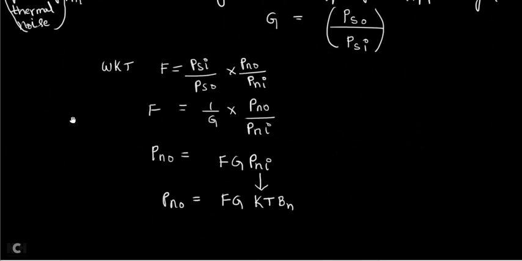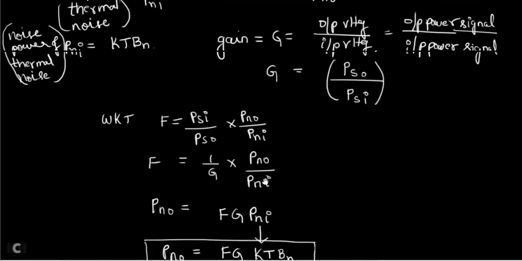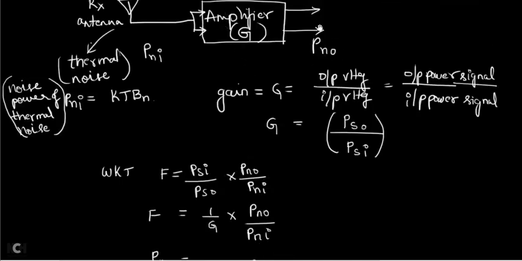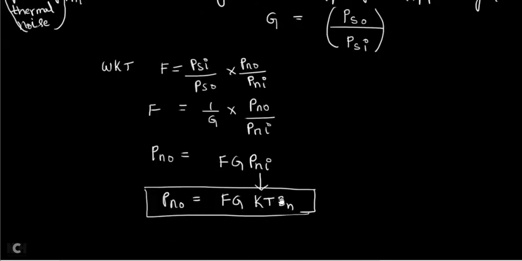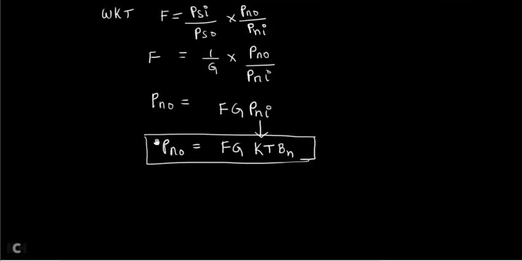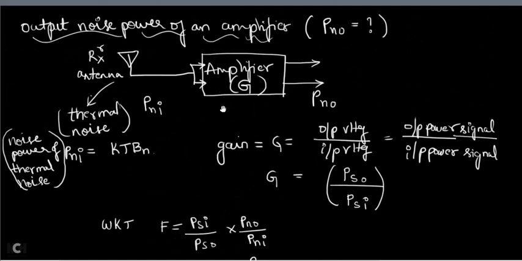This is the expression for the output noise power PNO of an amplifier. The output noise power will be equal to F into G into K into T into Bn. F means noise factor, G means gain of the amplifier, K means Boltzmann constant, T means absolute temperature, Bn stands for noise bandwidth.